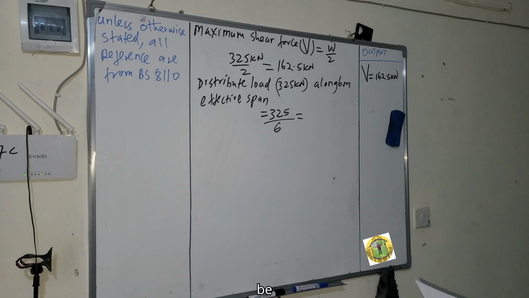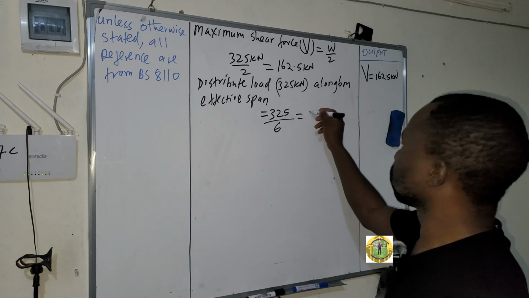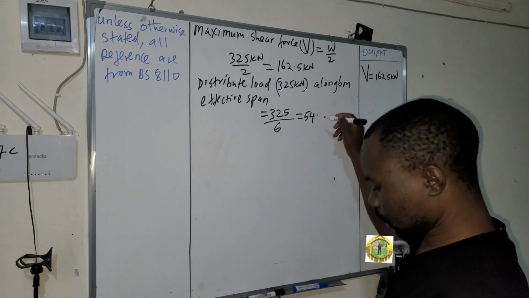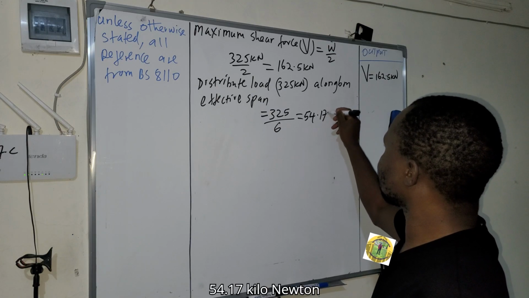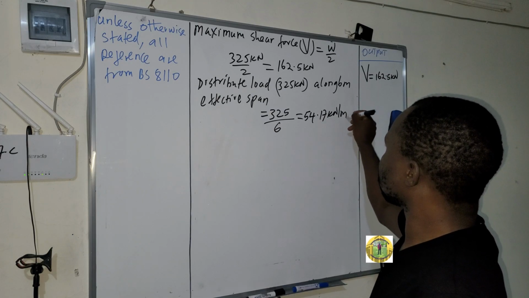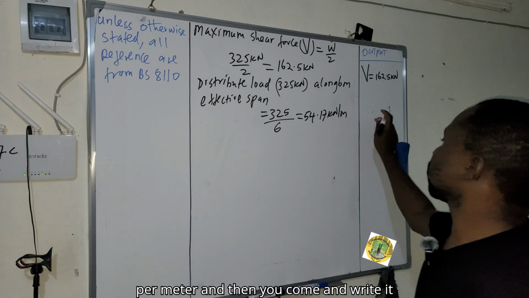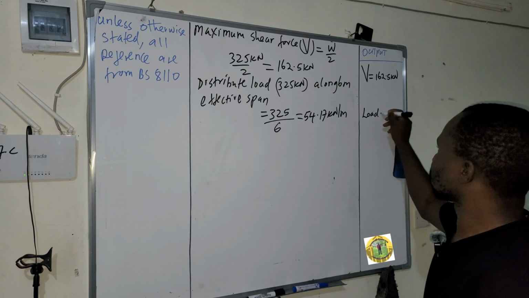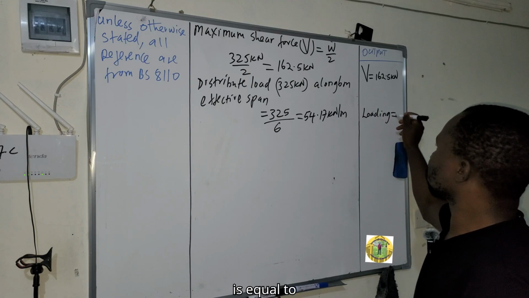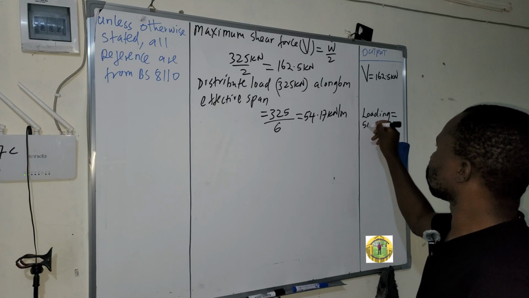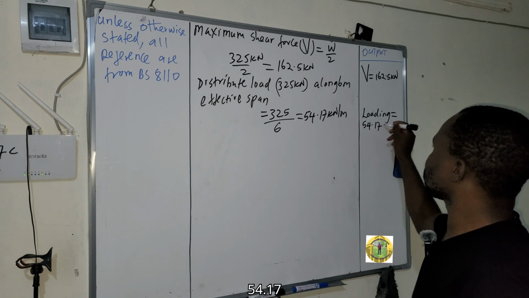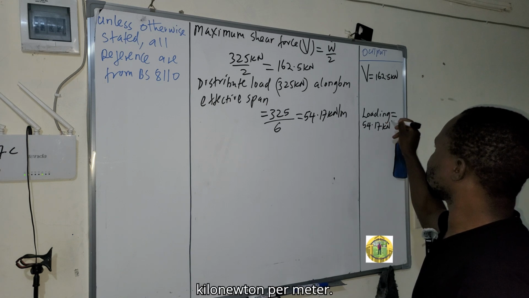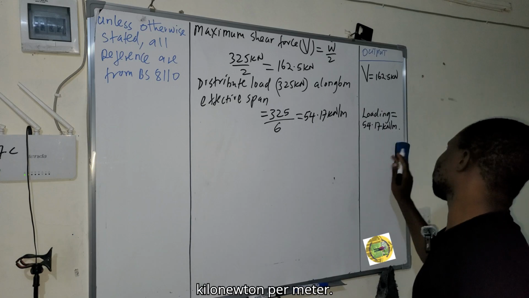So this one will be 54.17 kilonewton per meter, and then you come and write it here: loading is equal to 54.17 kilonewton per meter.